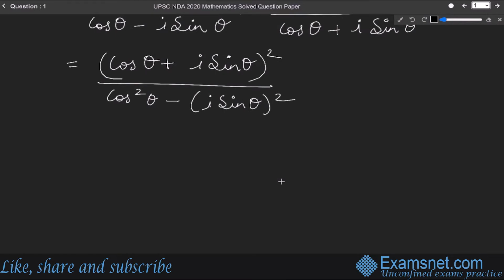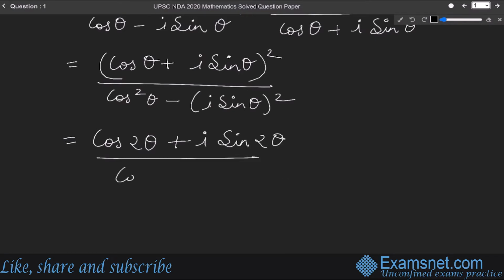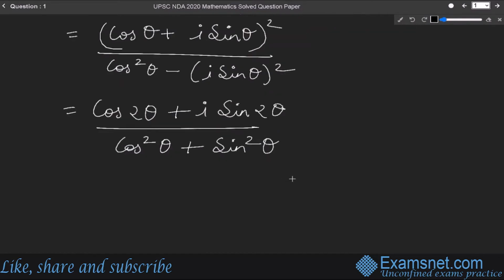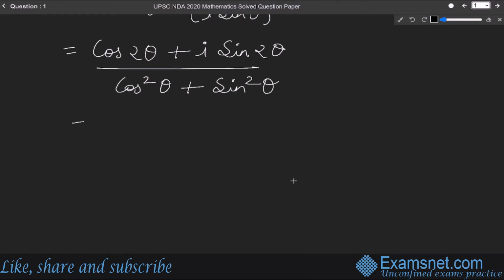Again solving, we will get (cos 2 theta plus i sin 2 theta) upon (cos square theta plus sin square theta). We know the value of cos square theta plus sin square theta is 1. So the remaining term will be cos 2 theta plus i sin 2 theta.